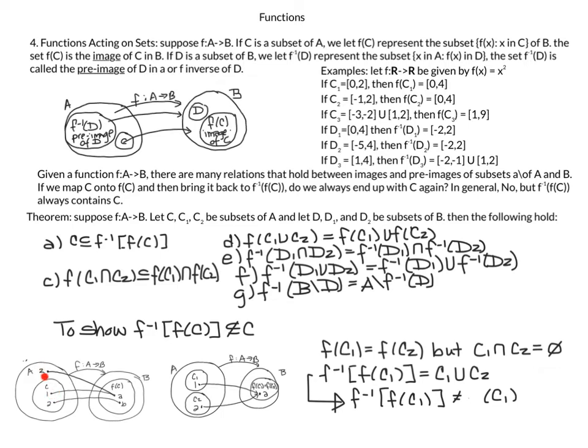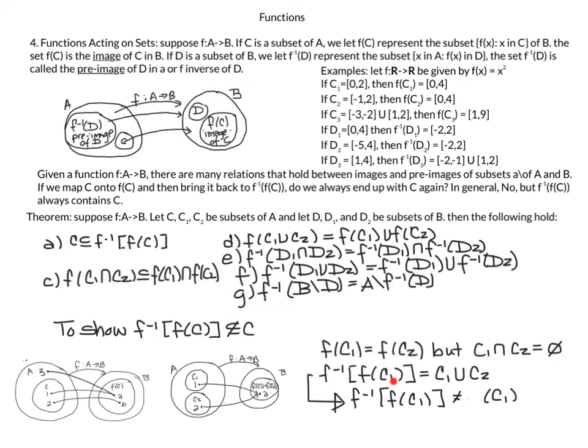And then I needed something for this proof outside of C. So I made that element number 2, which is in C2, and that also goes to f of C2. So 1 goes to a, 2 goes to a. So f of C1 is equal to f of C2. They both go to a. So f of C1 is equal to f of C2, but C1 and C2 are disjoint, as you can see.